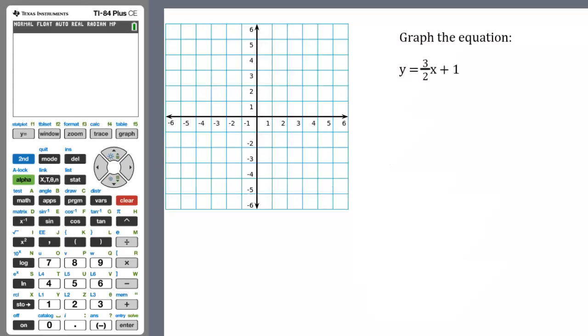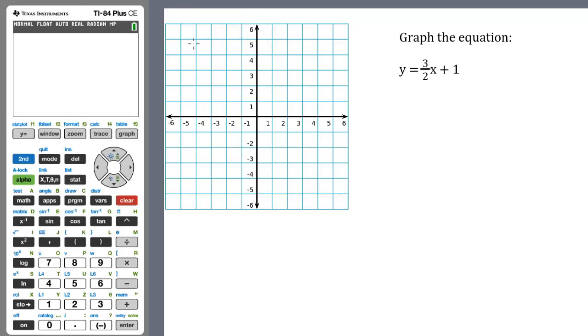Okay, so now we're going to move on to graphing equations. So we have this equation here, y equals 3 over 2x plus 1. My first question for you guys is, which of these numbers represents the y-intercept? Which of these numbers that you see represents the value where the graph crosses the y-axis?